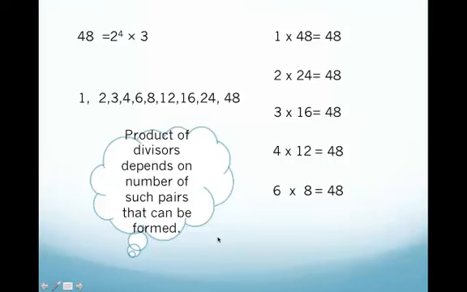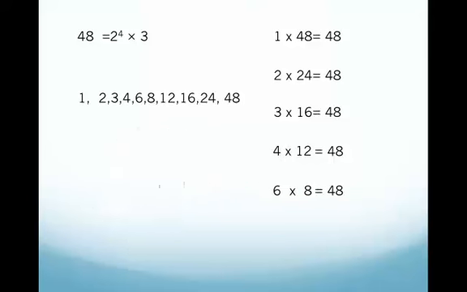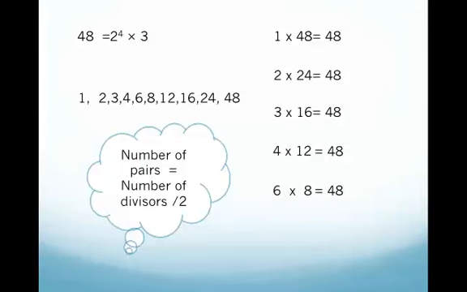So the product of divisors depends on the number of such pairs, and the number of pairs is nothing but the number of divisors divided by 2.